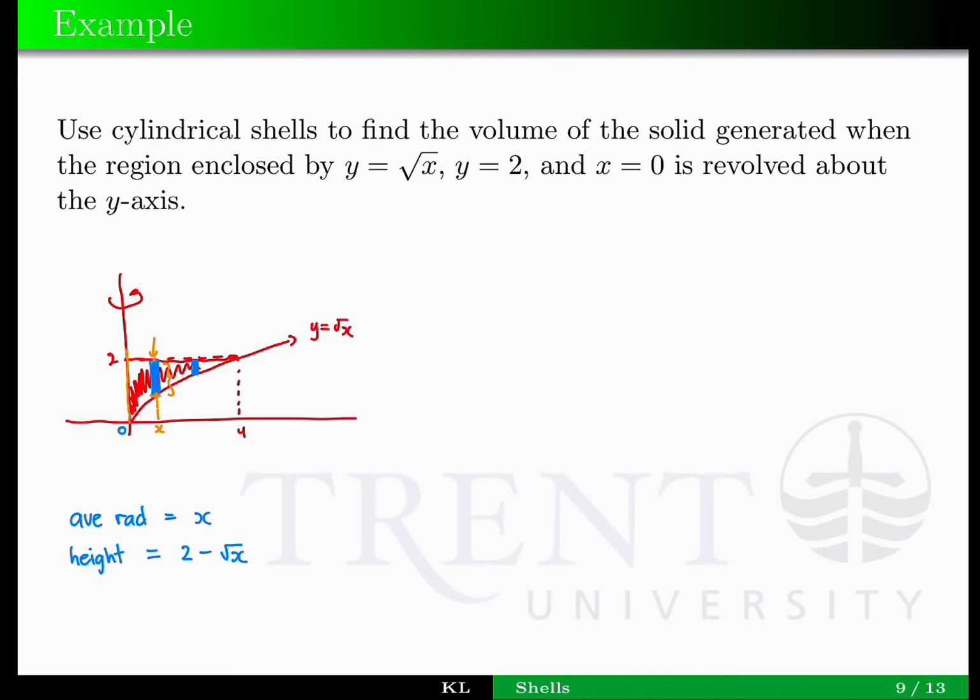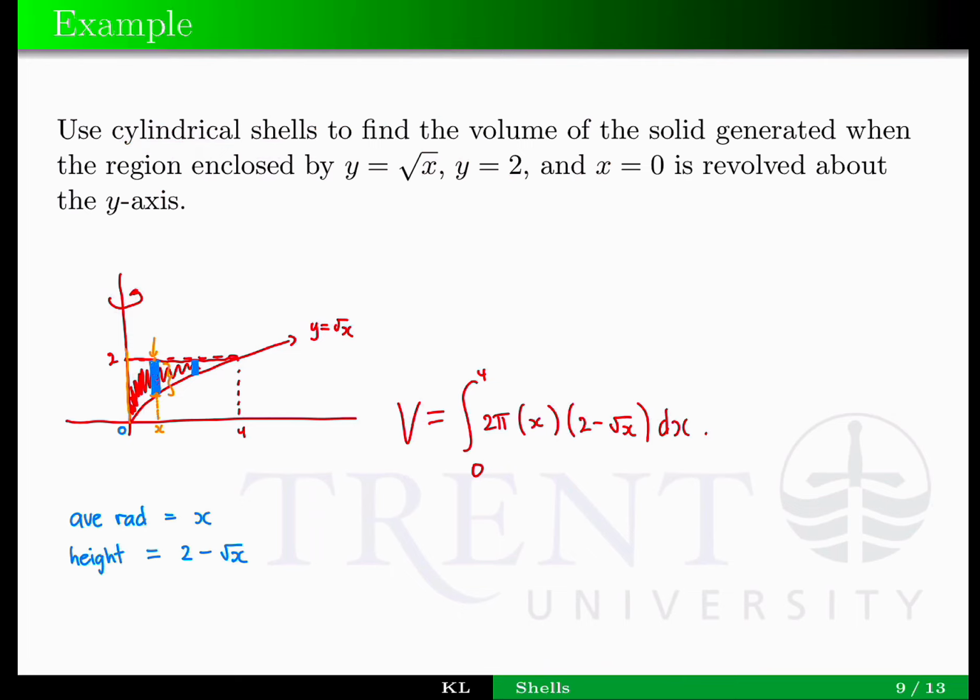Therefore, the volume will be equal to the integral from 0 to 4 of 2 pi times the average radius, which is x, times the height, 2 minus square root of x, dx. So this will be the volume of the solid generated.